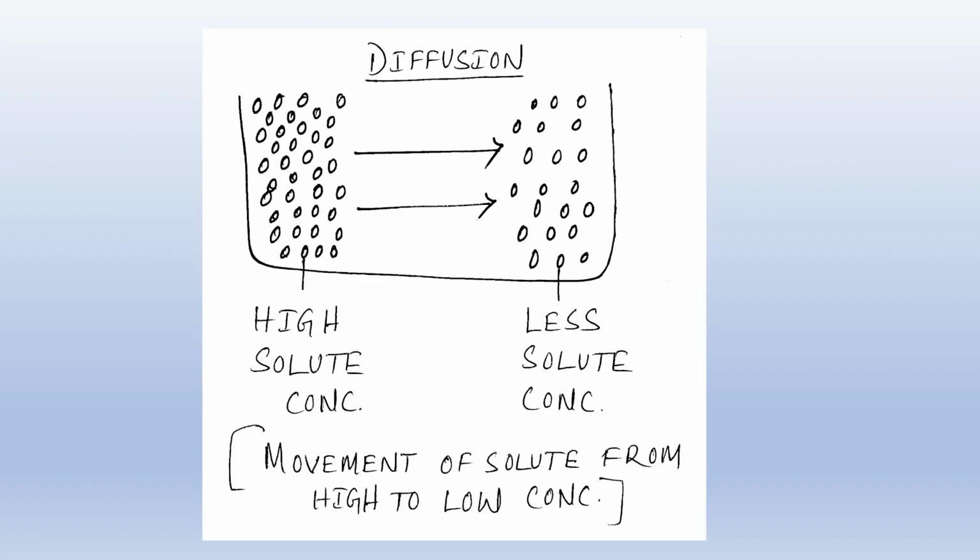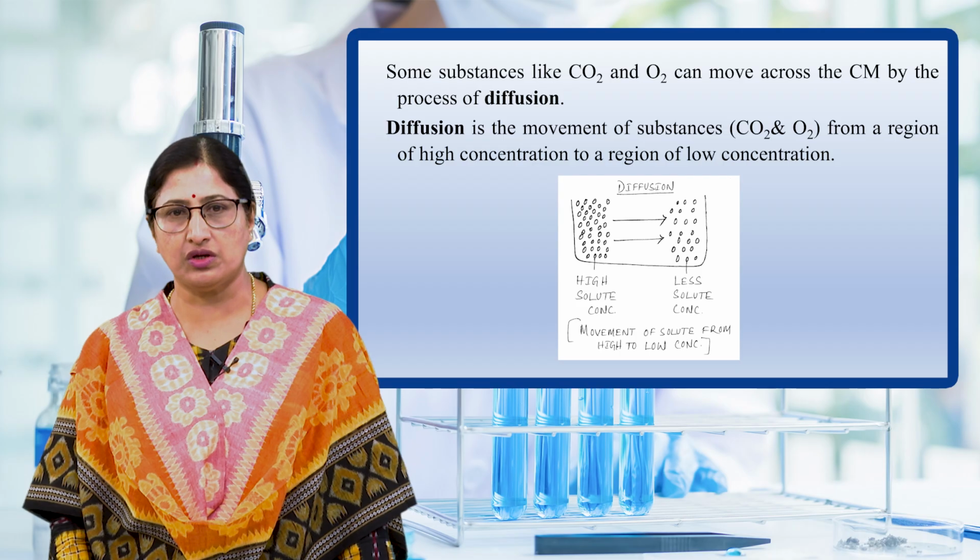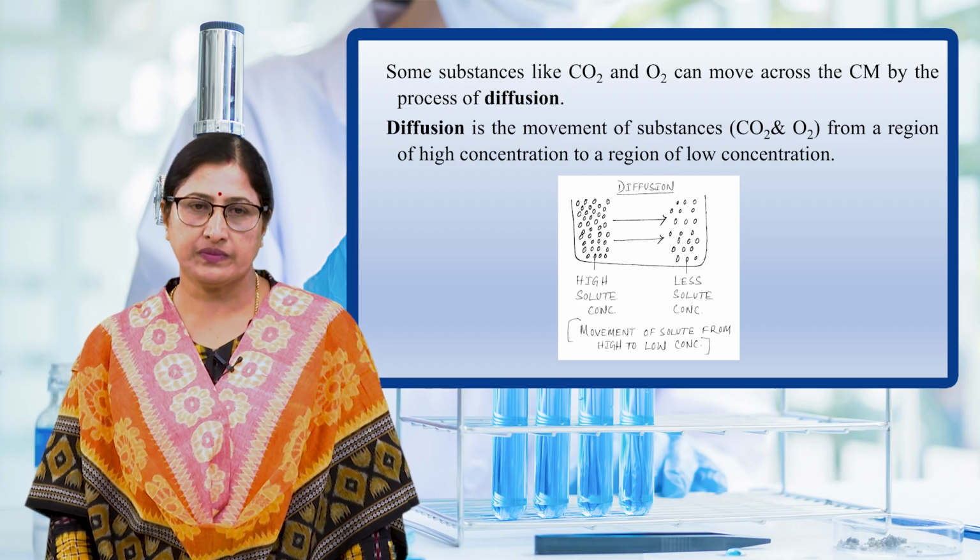Movement of solute from high concentration to low concentration. See, on the left side, the concentration of the molecules is more, that is high solute concentration. In the process of diffusion, they move to the right side, that is less solute concentration. So, diffusion is a process where the movement of substances takes place from high concentration to low concentration.